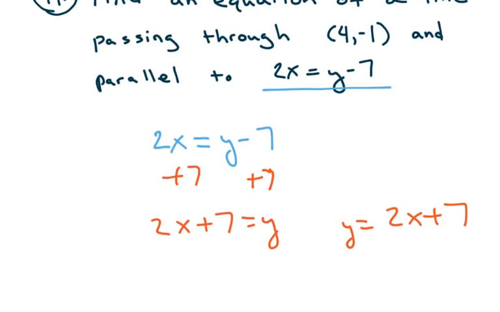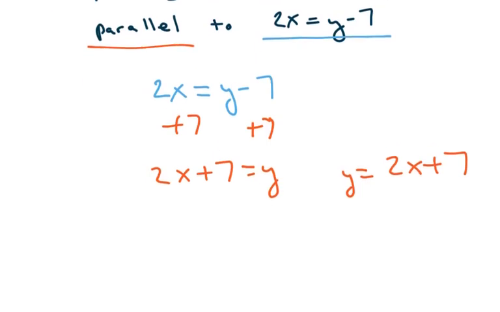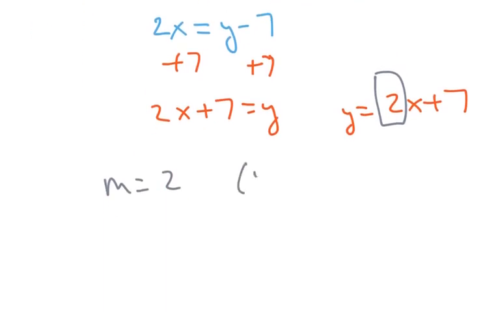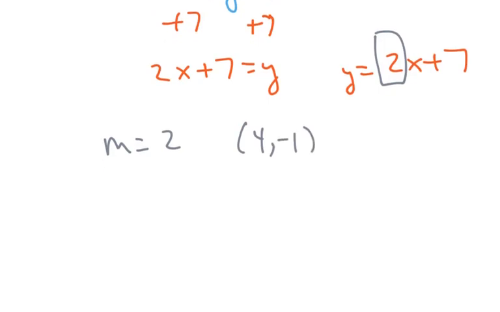So this is parallel. Parallel means that the slopes are the same. So we know m is 2. It's going through the point 4, negative 1. We know what to do. Hop on to y equals mx plus b. Substitute in the values.